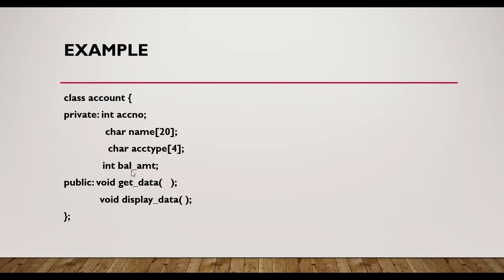These are the functions of the account. So you can get the data and you can display the details in the account. The data members are int account number, char name, char account type, int bank balance amount, and these are the functions, and we have to close the bracket and put a semicolon.